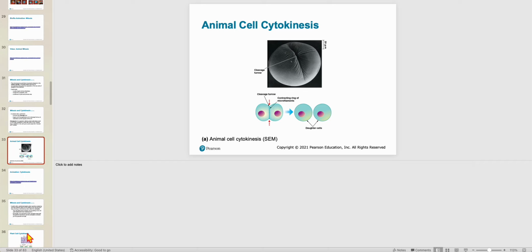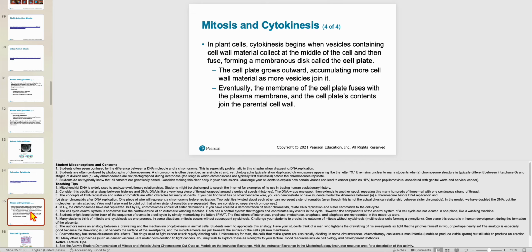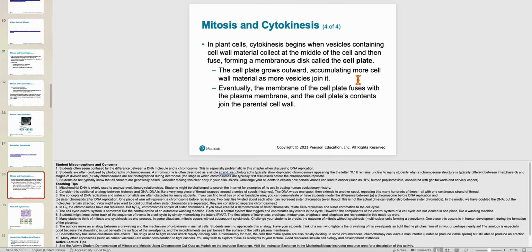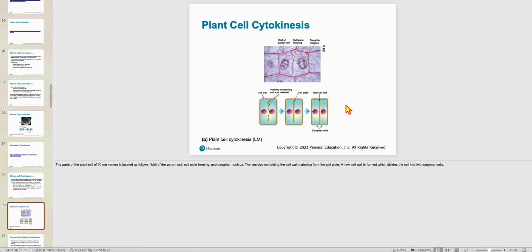Okay. Now here's a plant version. So this was the animal version that you currently see on the screen. Plants are different. In plants, they have something called a cell plate that forms. So in a plant, you have a cell plate that forms. Let me show you a picture of that. So here's the author's version for plant cell cytokinesis.